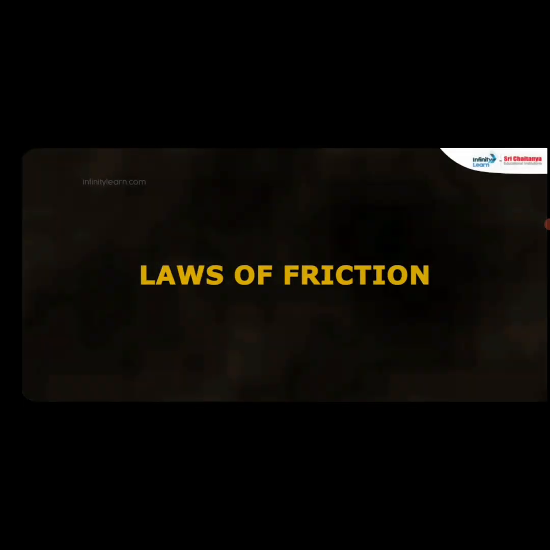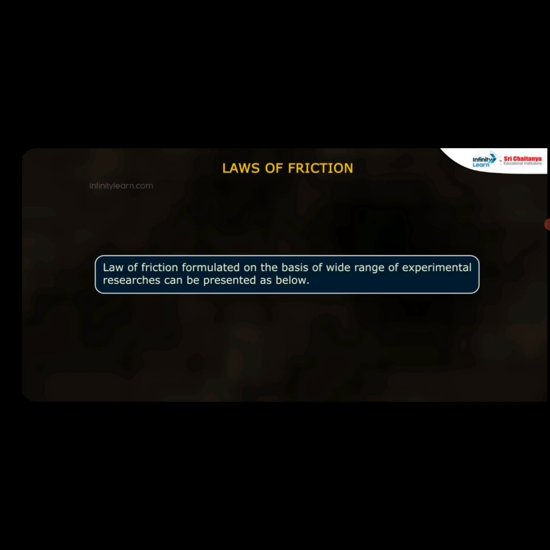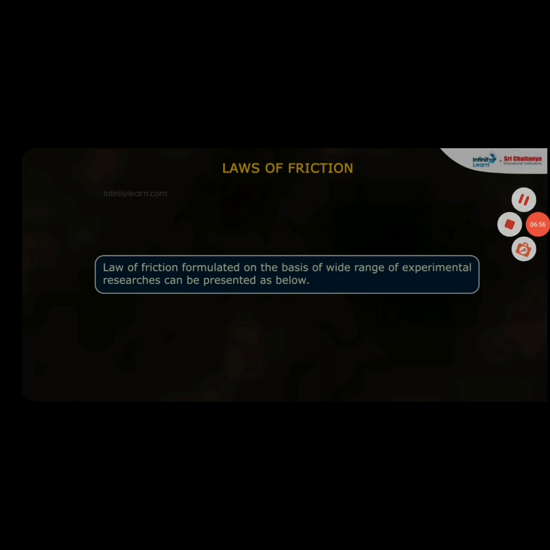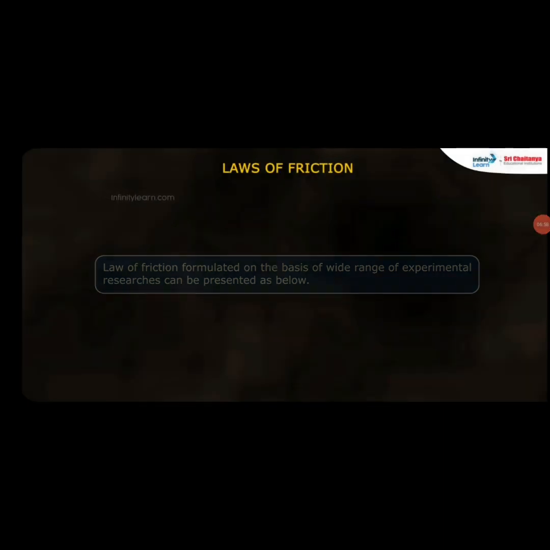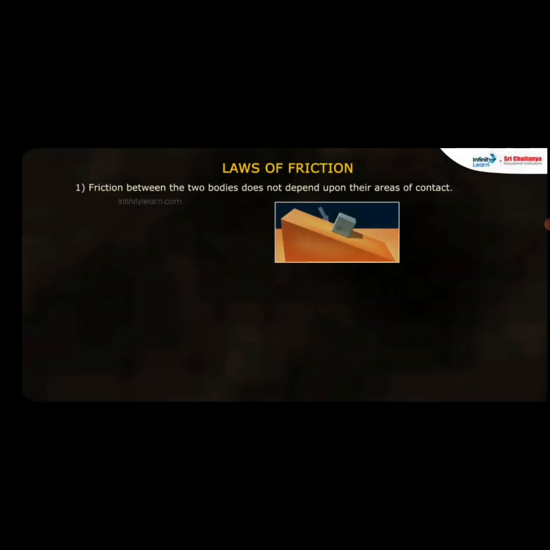Laws of friction. Laws of friction, formulated on the basis of a wide range of experimental researches, can be presented as below. 1. Friction between the two bodies does not depend upon their areas of contact. 2.